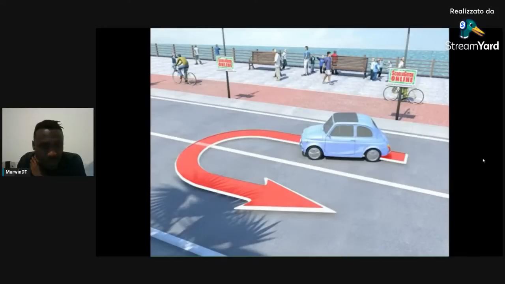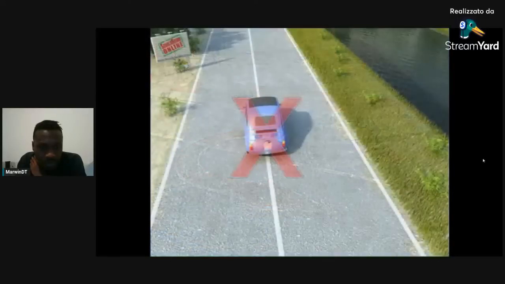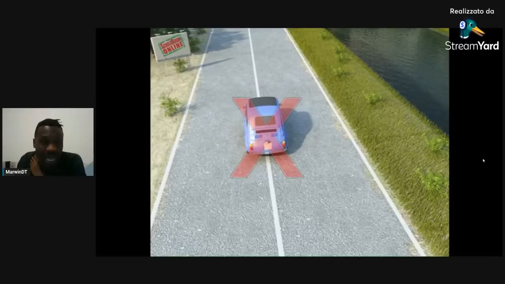Okay, so again, we cannot do a U-turn on this type of road. We cannot circulate a cavallo. Non possiamo circolare a cavallo di esso. We cannot circulate on top of the continuous line.